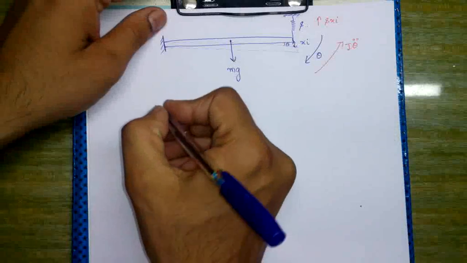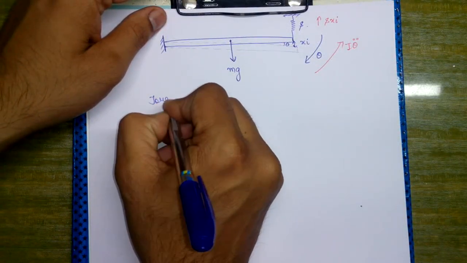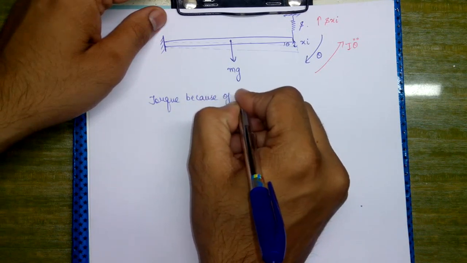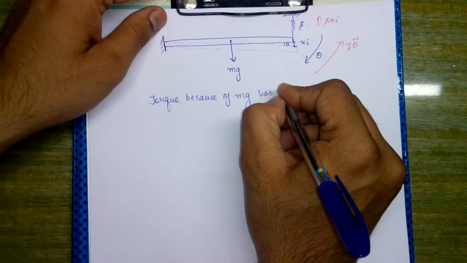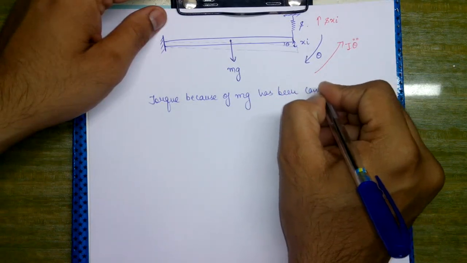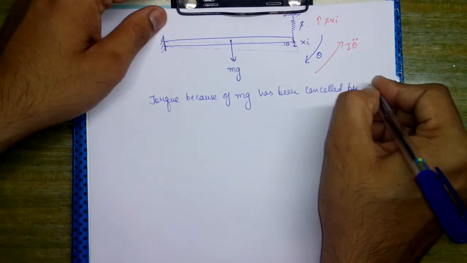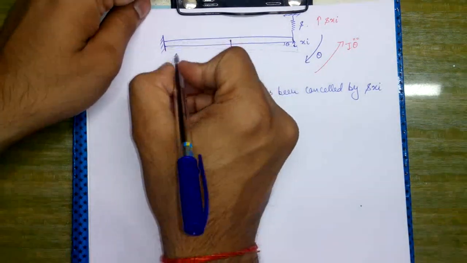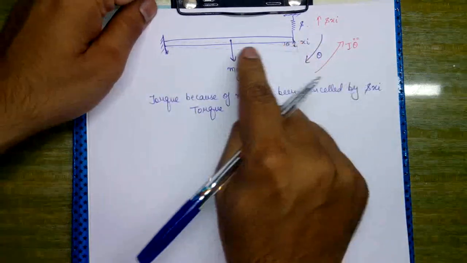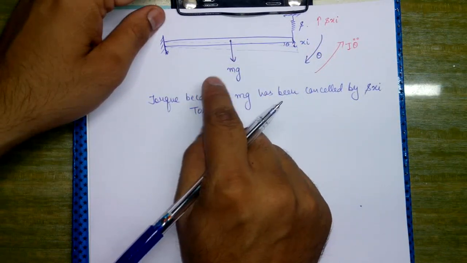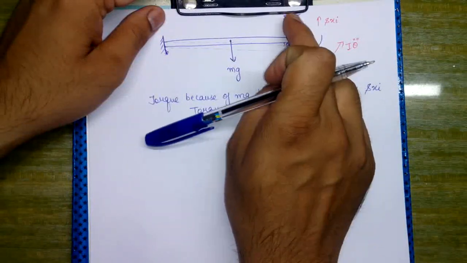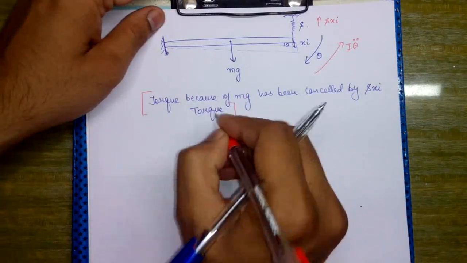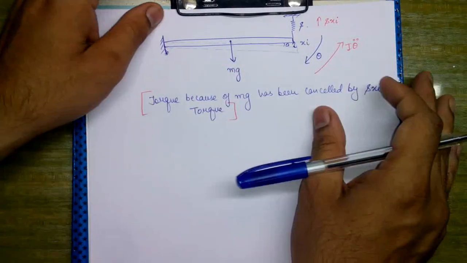Here we see that the torque because of mg has been cancelled by the s xi torque. We are considering the torque about this hinged point, and the torque because of mg about this point has been cancelled by the s xi about this point. So we are not going to include mg in our final expression.